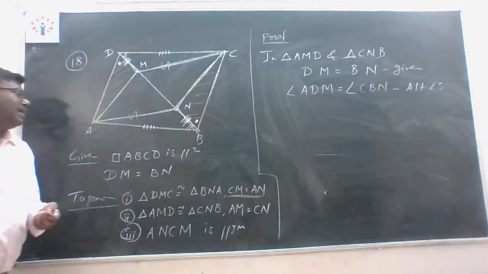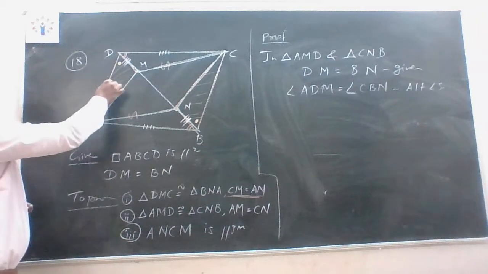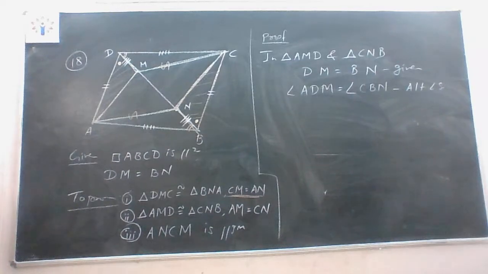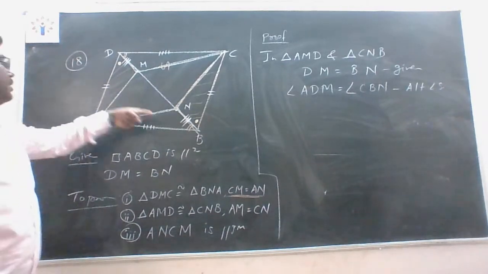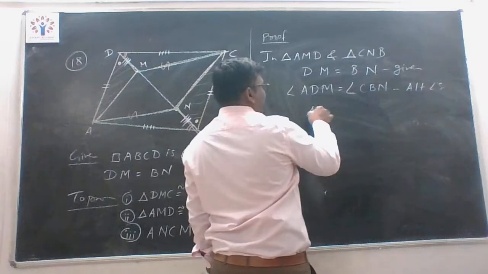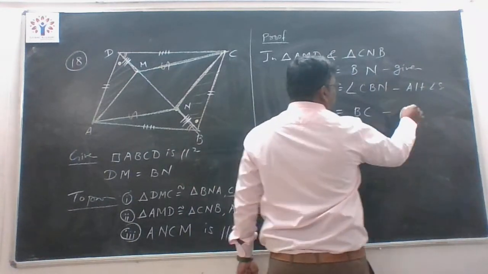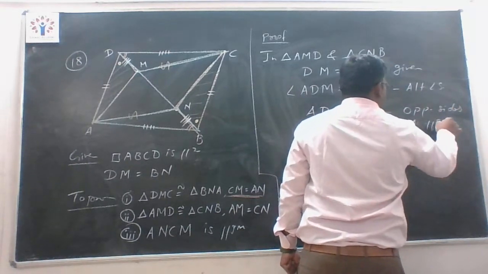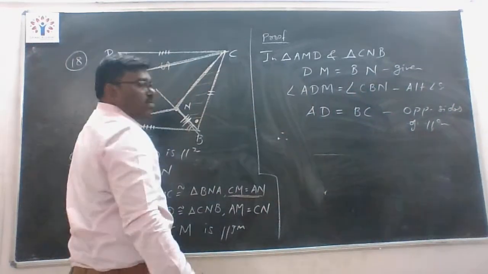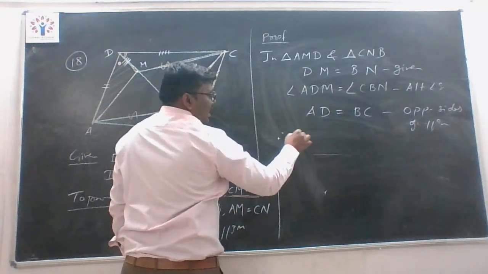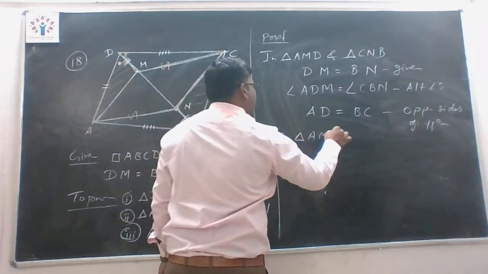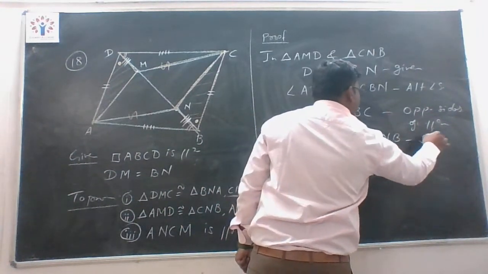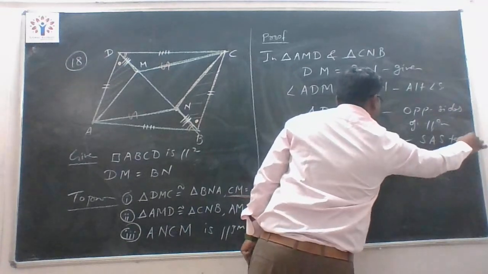And these are the sides. These two sides are equal because they are the opposite sides of a parallelogram. AD is equal to BC. The reason is opposite sides of a parallelogram. Therefore, once again we can say that triangle AMD is congruent to triangle CNB by SAS test.